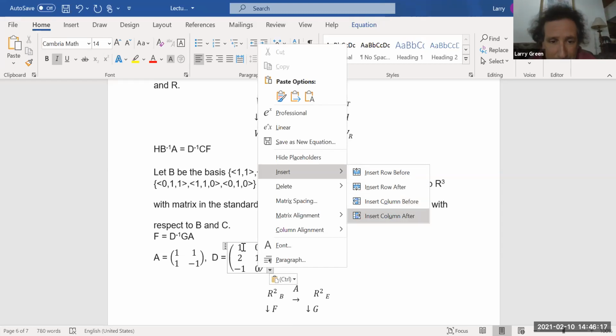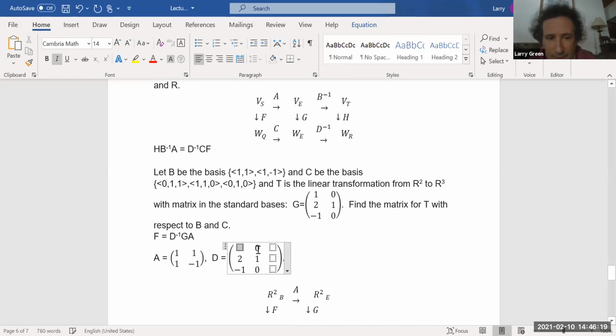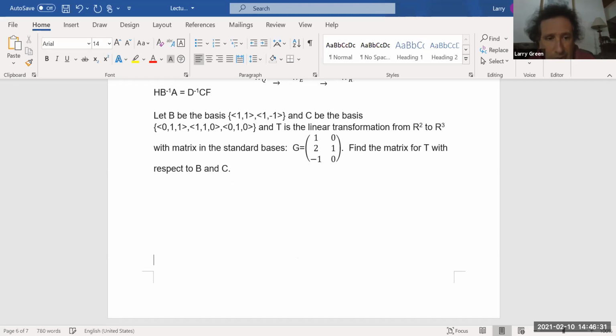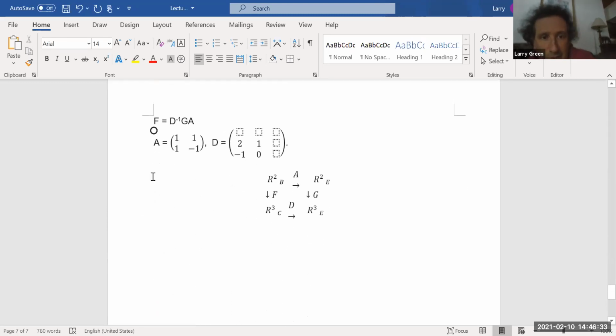So D will be a 3 by 3 matrix. Unfortunately, we can't see everything on the same screen. It's too much. We're almost there, by the way, because we're out of time, but I'll just finish and we'll be done.